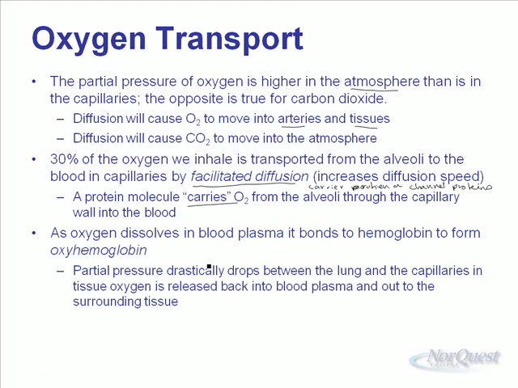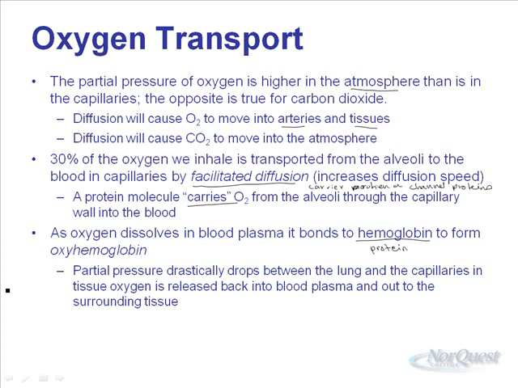Once the oxygen gets into the blood, it's going to bond to hemoglobin molecules, and we've all probably heard of hemoglobin before. This is a protein, the most abundant protein in our body, and it's going to form a complex called oxyhemoglobin, oxy for the oxygen, hemoglobin for the hemoglobin protein. And what this does is it drops the pressure of oxygen in our lungs.